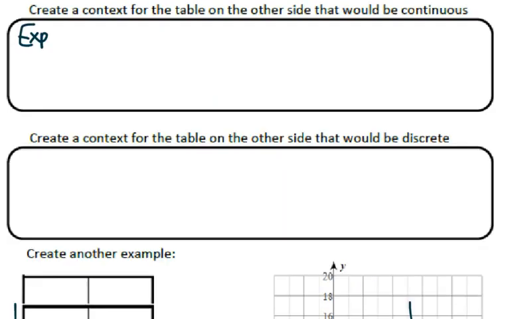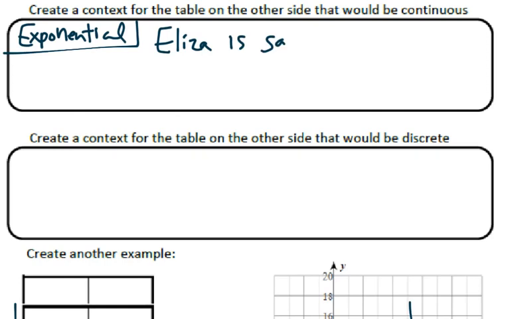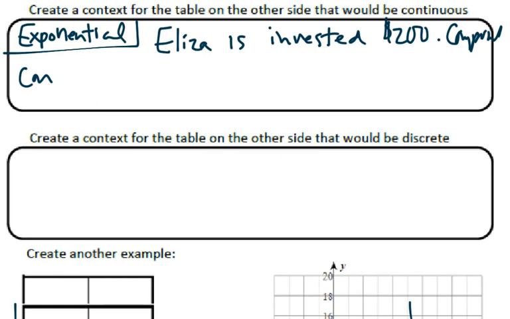But if we're talking about the exponential, a continuous one could be like a bank. Eliza invested $200, and it's compounded continuously.